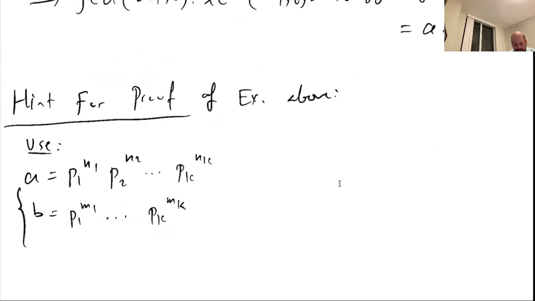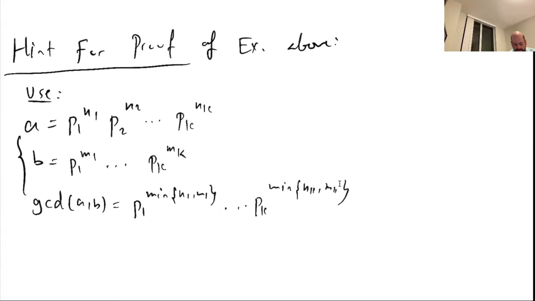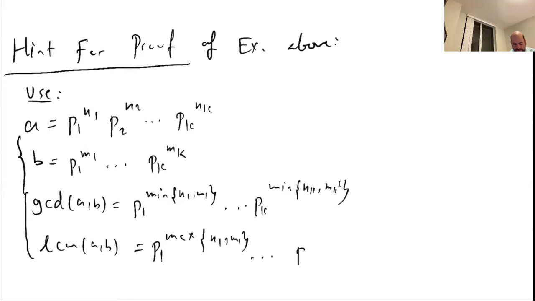and then GCD of A and B is P1 to power minimum of N1, M1, to Pk to power minimum of Nk, Mk, and LCM was P1 to power maximum of N1, M1, Pk to power maximum of Nk, Mk.